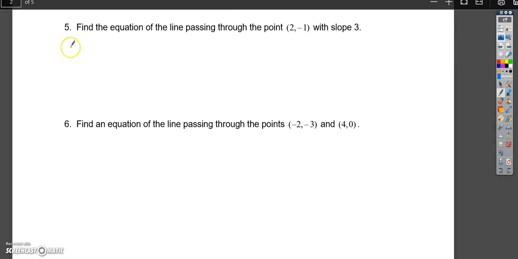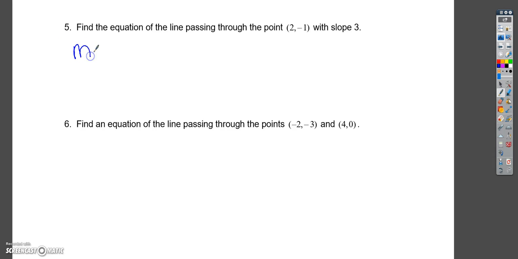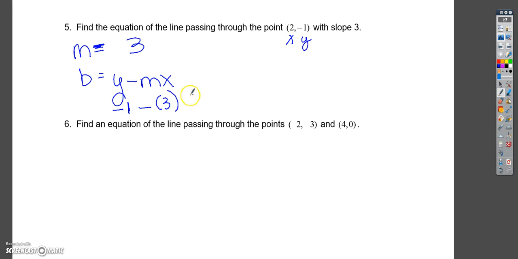So, number 5, we've got to know m, and we've got to know b. Well, b is a formula, and it's y minus m times x. So the slope here is 3. This is x, this is y. So b is -1 minus m, which is 3, times x, which is 2.